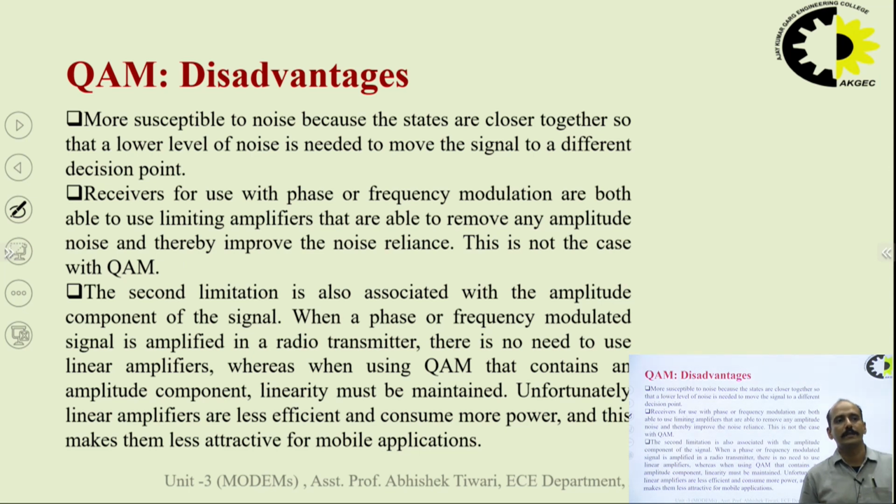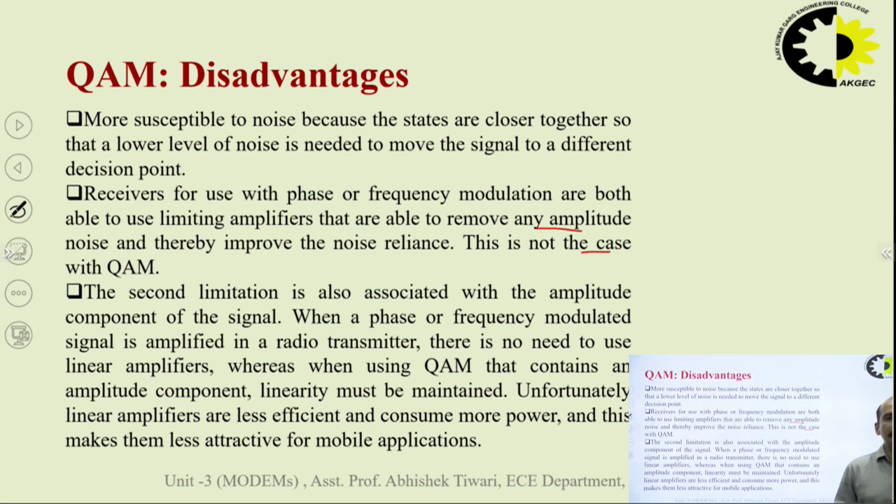QAM has a number of states, and if the states are close together, they are more susceptible to noise, because a lower level of noise is needed to move the signal to a different decision point. And receivers for phase and frequency modulation are both able to use limiting amplifiers that remove any amplitude noise and thereby improve noise resilience. This is not the case with QAM, meaning that these amplifiers cannot be used with QAM. So this is also a disadvantage.